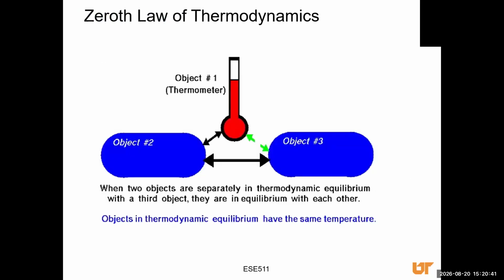I gave this sort of pictorial description of the zeroth law, this idea that if two objects are at the same temperature, if you put those two objects in contact, they would be at thermal equilibrium. Or if they were at different temperatures and you put them in contact, when they reach thermal equilibrium, they would be at the same temperature. So that's the zeroth law in a nutshell. Pretty intuitive. You already knew it, had assumed it in everything you'd ever done, pretty much.